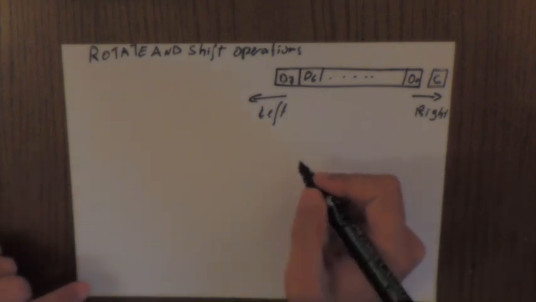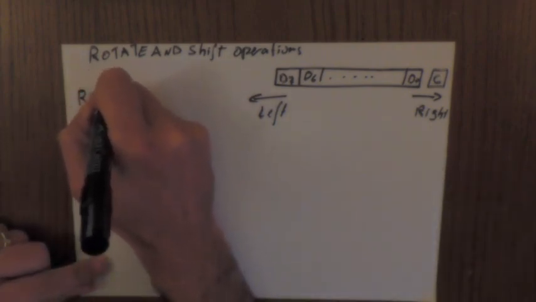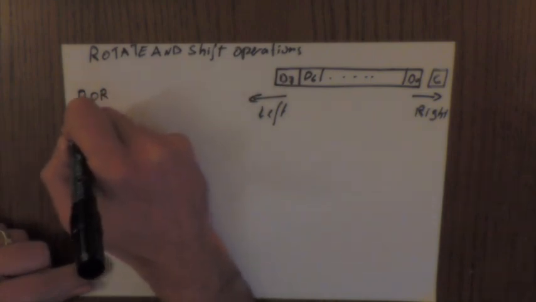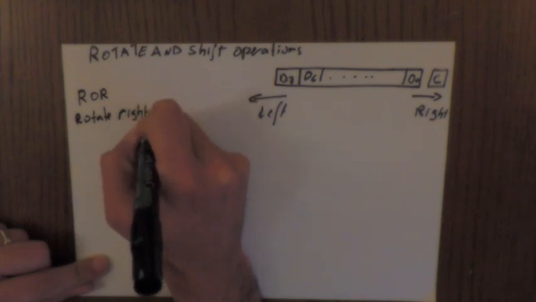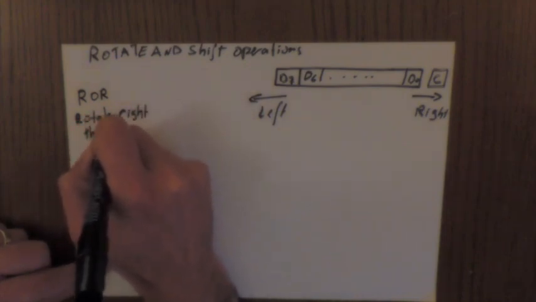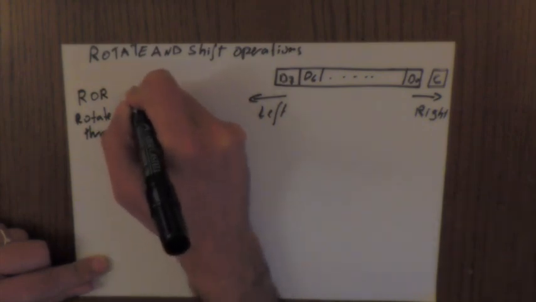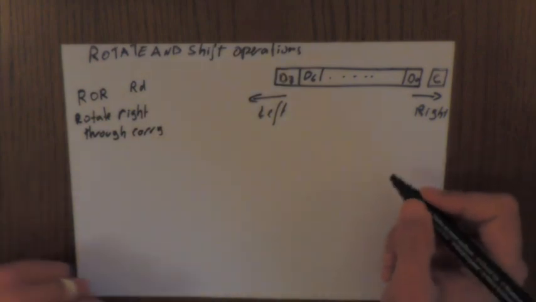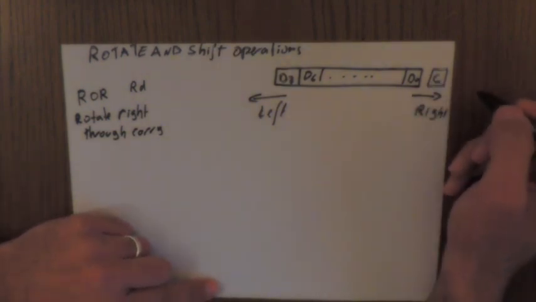The instruction we're talking about is called ROR, or rotate right through carry, and it takes a register Rd. What this does is shift the bits one time to the right.